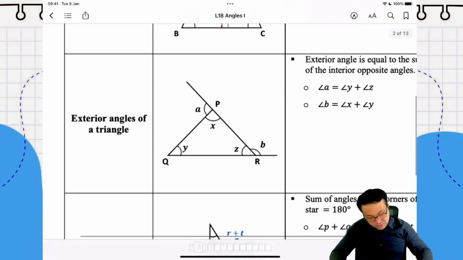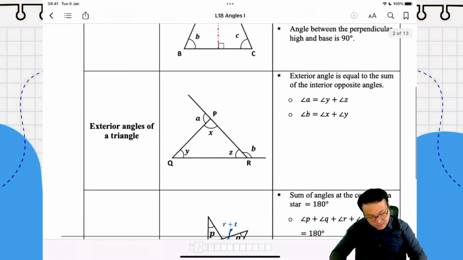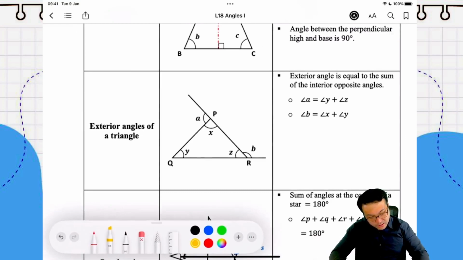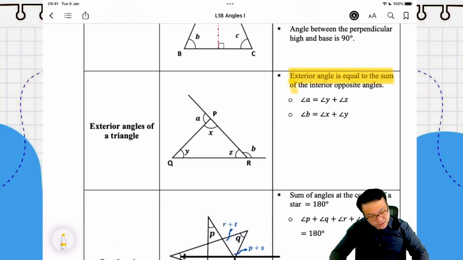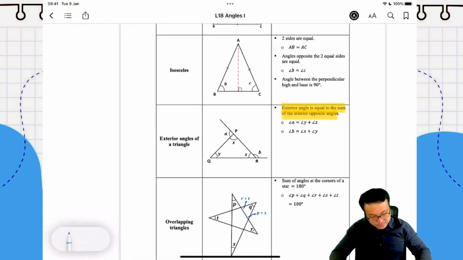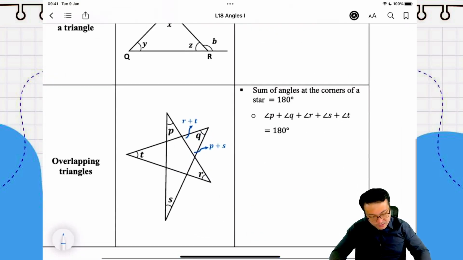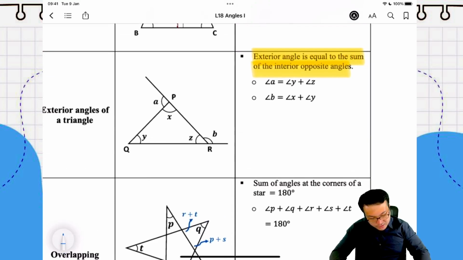So if you take a look here, they say that the exterior angle equals the sum of the interior opposite angles. So let's just do a small experiment first. For example, if I have a triangle, the total sum of angles in a triangle is 180 degrees, correct?